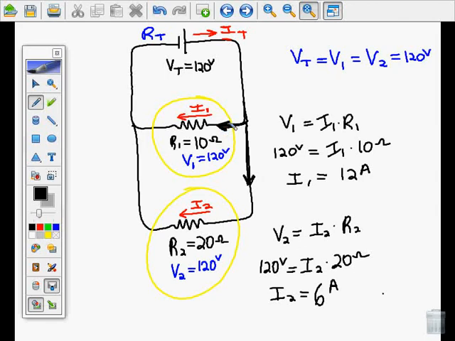And then once we know the 2 little baby currents, what do we figure out next? We can figure that out. We totally can. But what if I wanted to figure out the total current? Now that I know the 2 baby currents, I could find the total current.